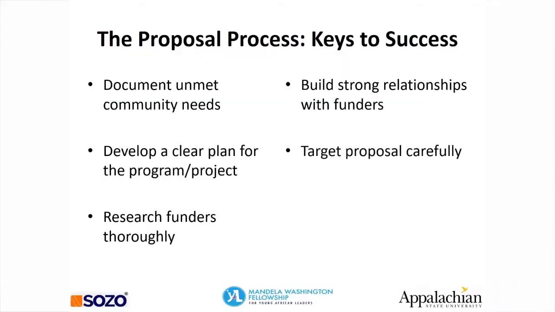And even if, let's say you have found two funders who are funding projects in the same area, learn as much as you can about each of those funders and try to speak to them, not to them. You understand? Yeah. Target your proposal specifically for that particular funder.